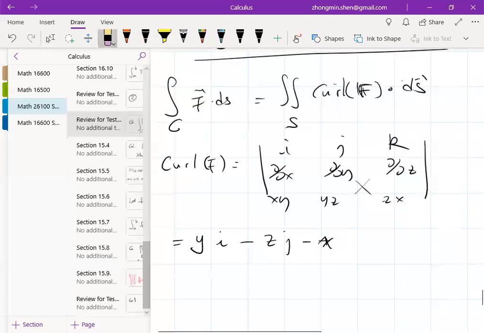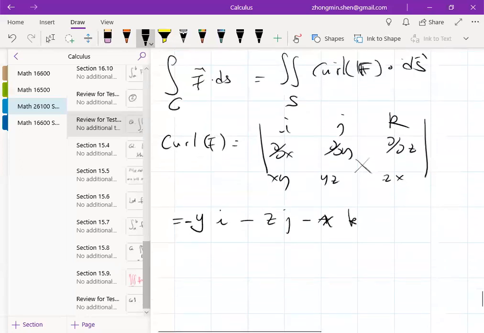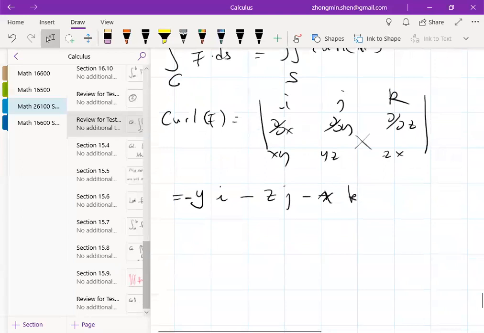Let's double check the signs. Why is there a positive sign or a negative sign? The first one, I think, is also negative. So you have all negative signs: negative y i, negative z j, and negative x k.